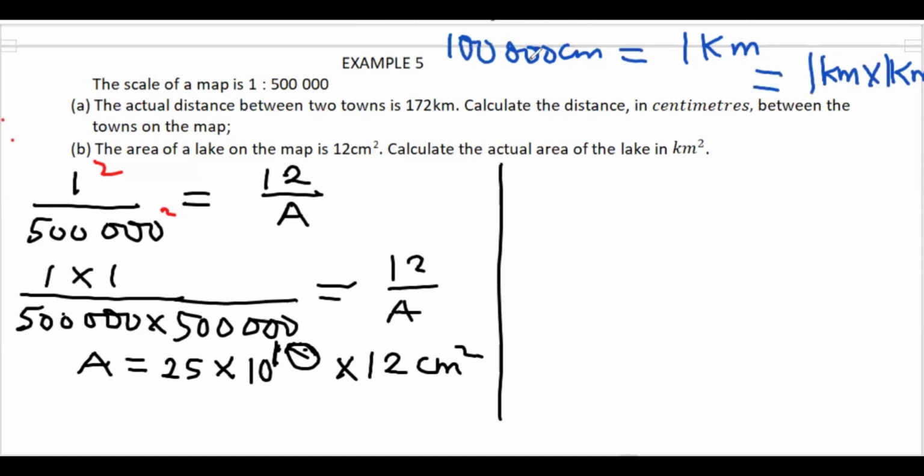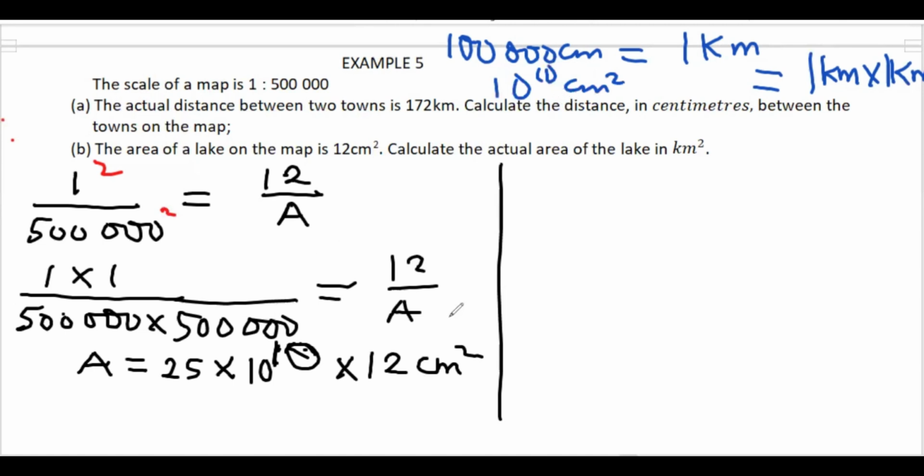That is a multiple of 10 with 10 zeros, that is 10 to the power of 10 centimeters square, which is the same as 10 billion. So since we are converting to kilometers, we divide by 10 to the power of 10 centimeters square.